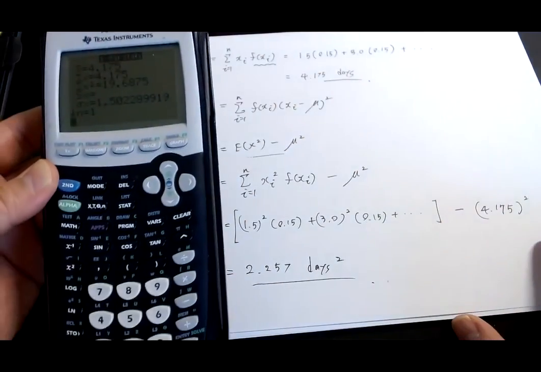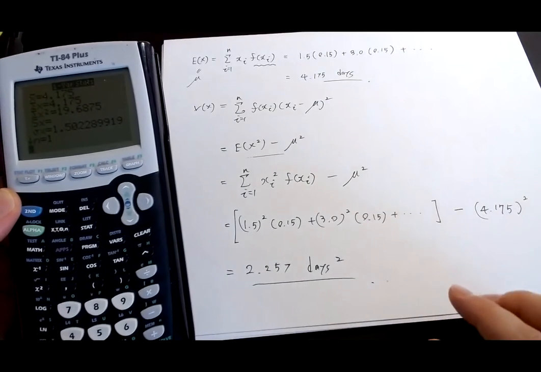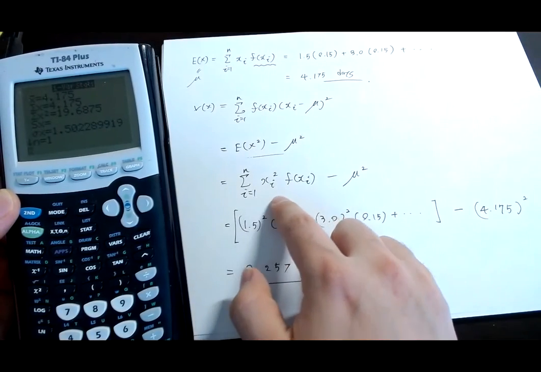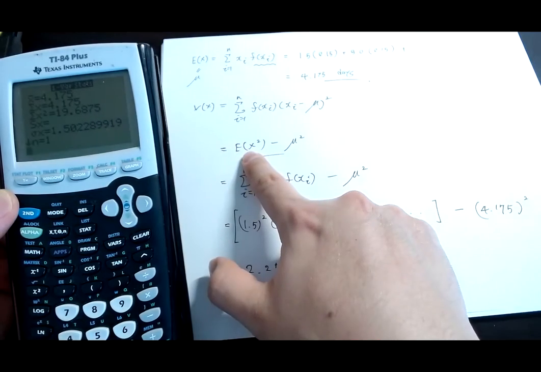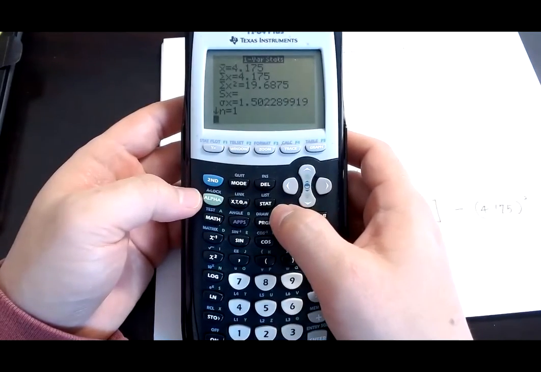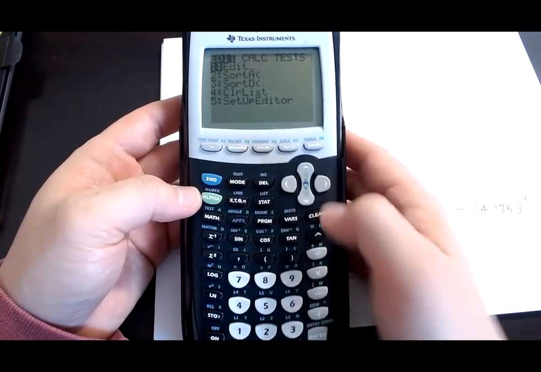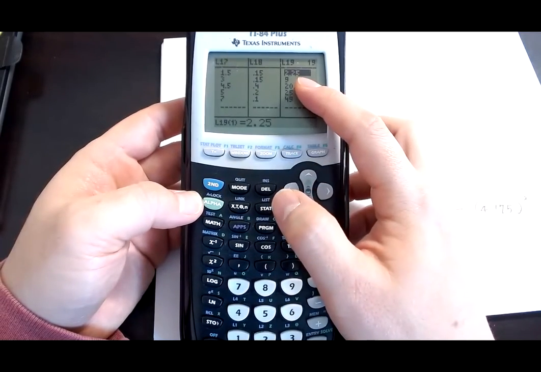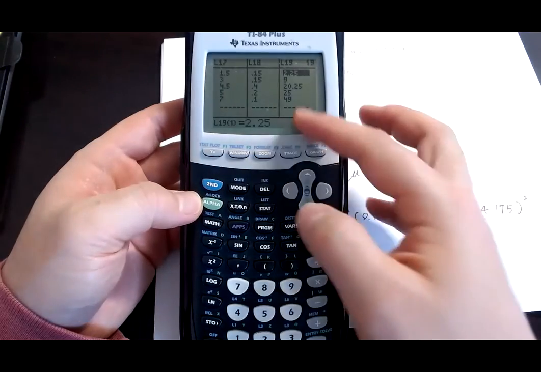By the way, sometimes you may need to figure out the E of X squared. How can I do that? Then we go to stat again. You see that I just entered the square of the random variable in L19.